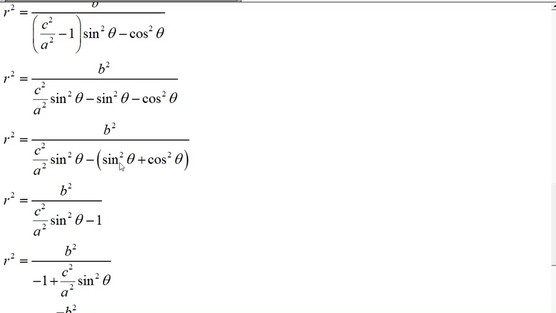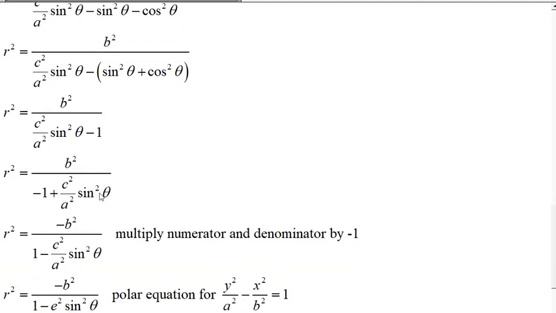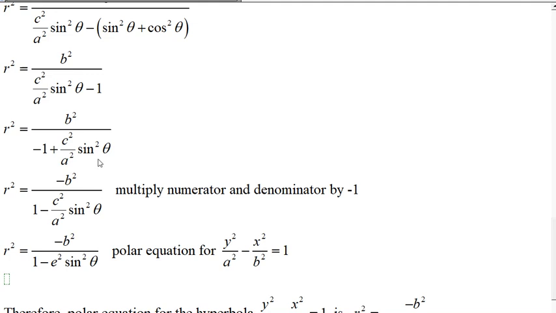Sine squared of theta plus cosine squared of theta is 1. And then we can rewrite the denominator as negative 1 plus c squared over a squared times sine squared of theta. Multiply the numerator and the denominator by negative 1. b squared times negative 1 is negative b squared.